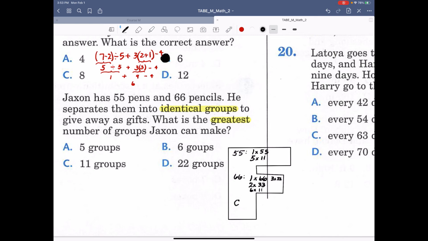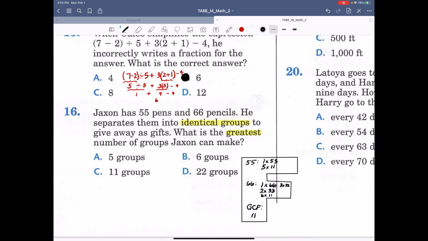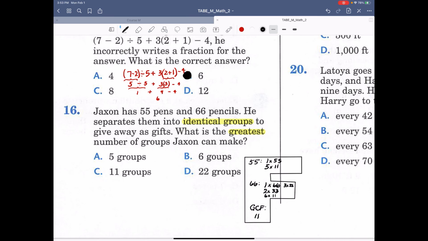But I see it. The greatest common factor that both of them have is that 11. So for number 16, I like C. 11 identical groups.